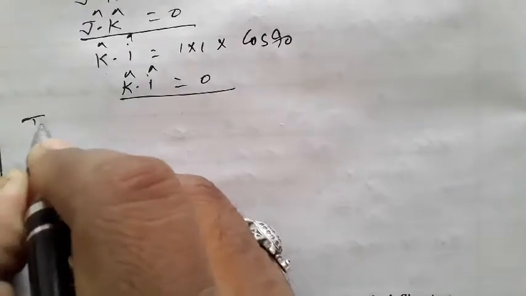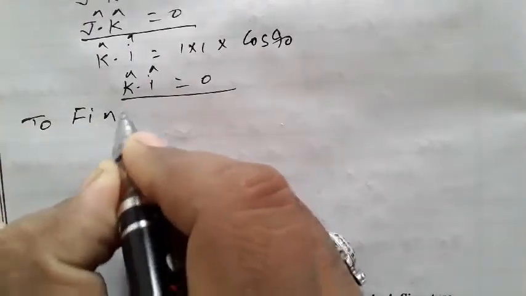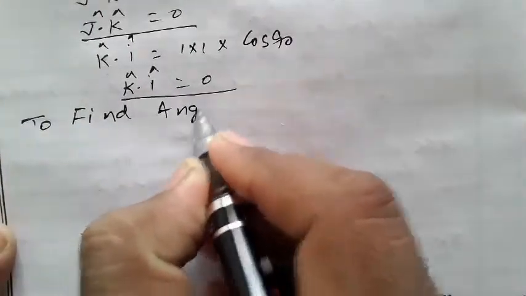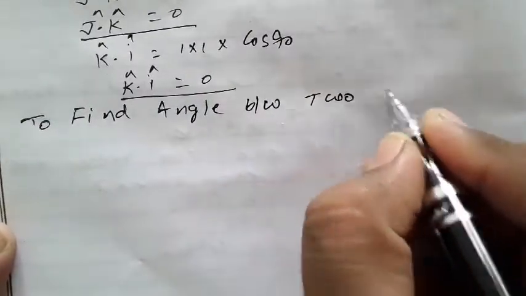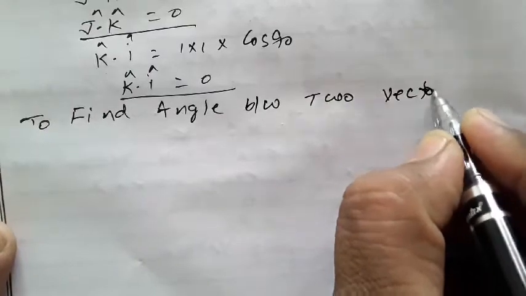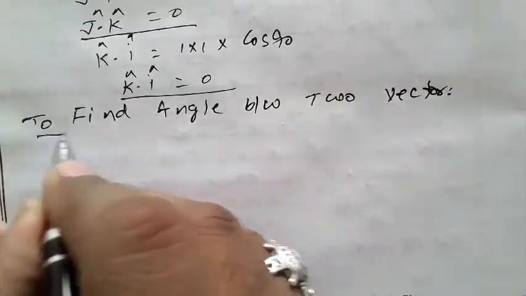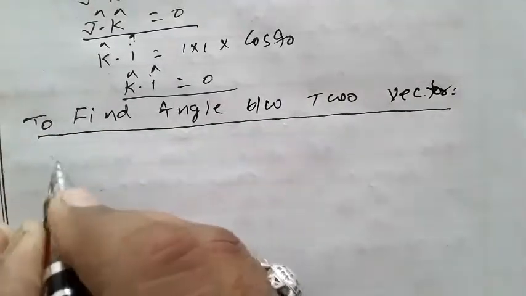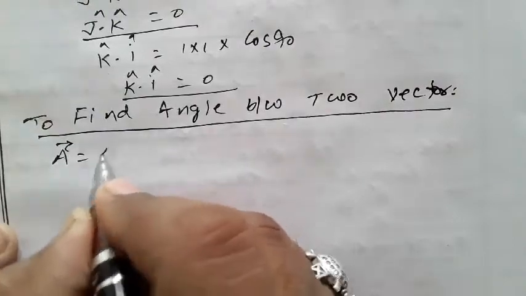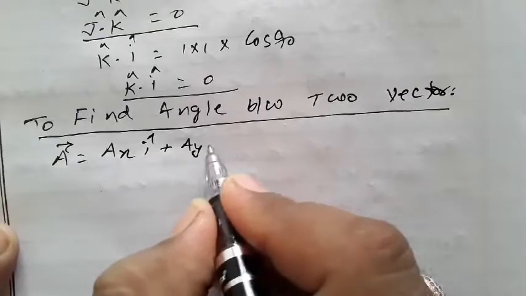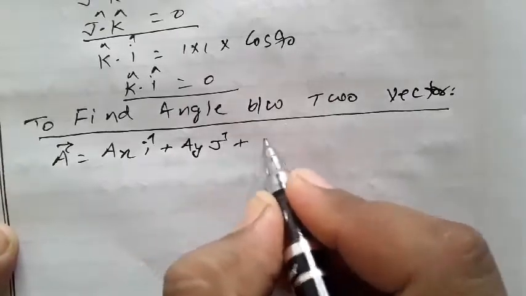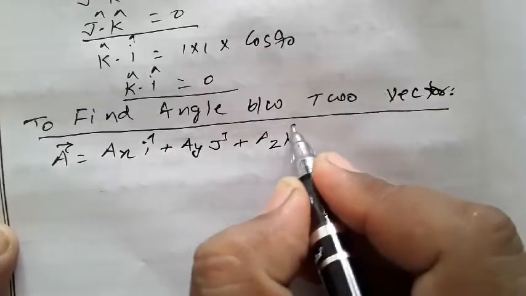To find the angle between two vectors, let us have two vectors a and b such that vector a is equal to ax into i cap plus ay into j cap plus az into k cap.